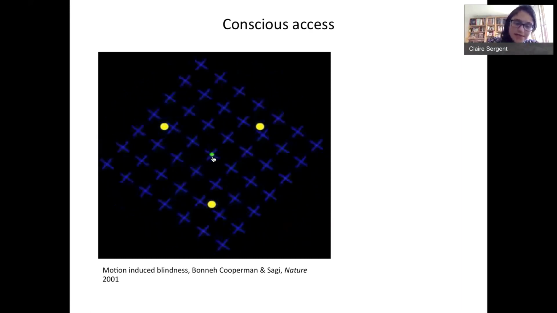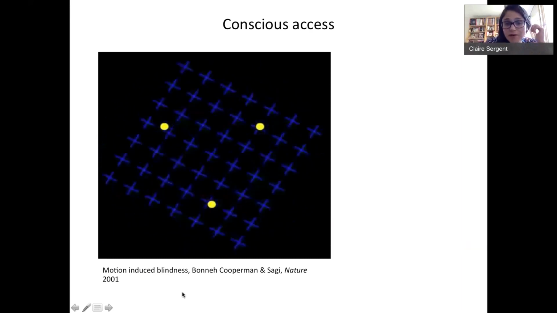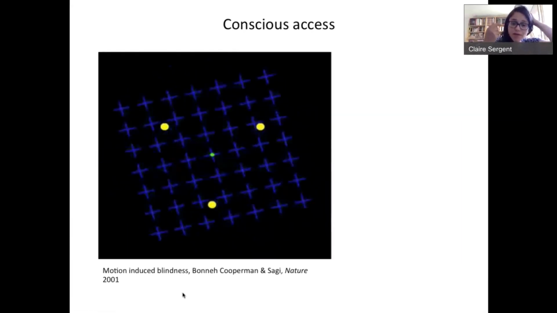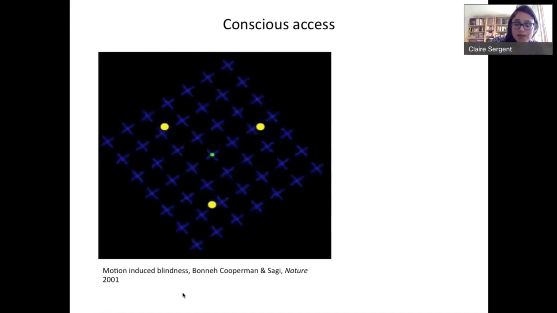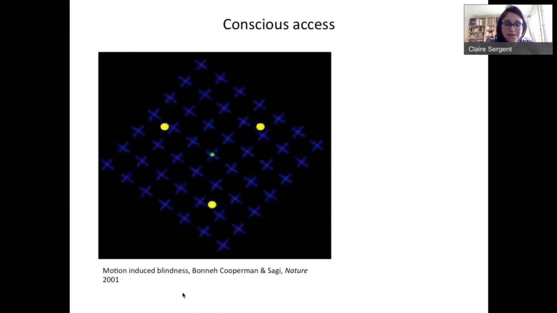And what's interesting is that they don't actually disappear from the screen. They disappear from your conscious access. So they impinge your retina, but although they are processed to some extent by your brain, you don't have access to that.